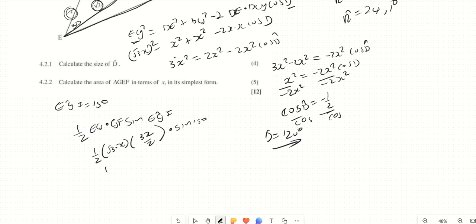So 1/2 times 3 root 3 x squared times 1/4, which gives 3 root 3 x squared over 8. So that's the area in terms of x.